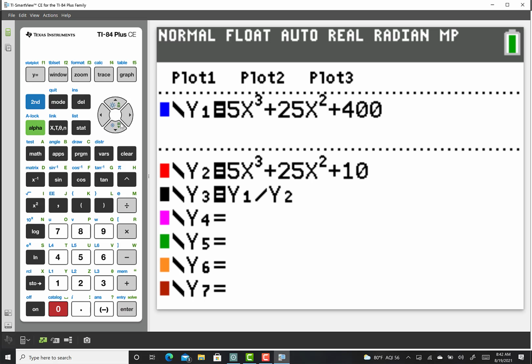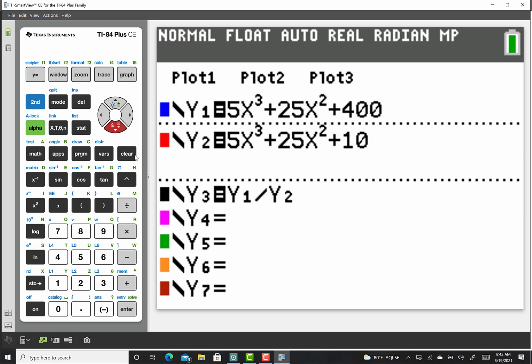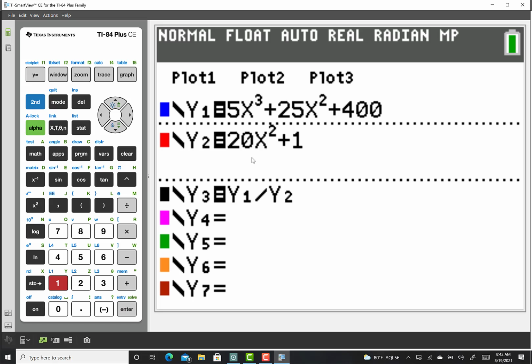I just chose random numbers there. And what did I have in the bottom? 20x squared plus 100? Just one? Okay. So there it is.